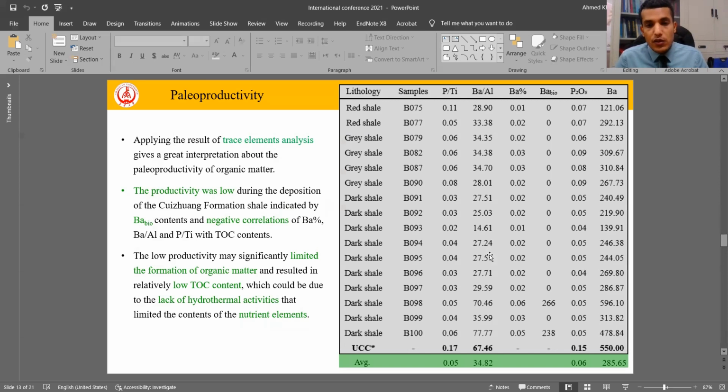In comparison with the UCC values, all of the nutrient elements and some ratios show very low content, which indicates that the productivity was low during the deposition of the Yuncheng Formation source rock, and maybe played a negative role in the organic matter enrichment.